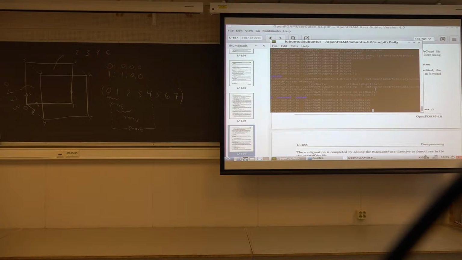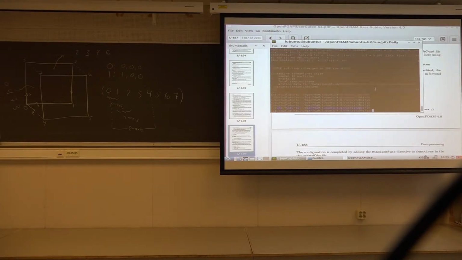So I just run this one quickly, blockMesh, and then it was simpleFoam. So this is the pitzDaily case. Takes a little time to run.